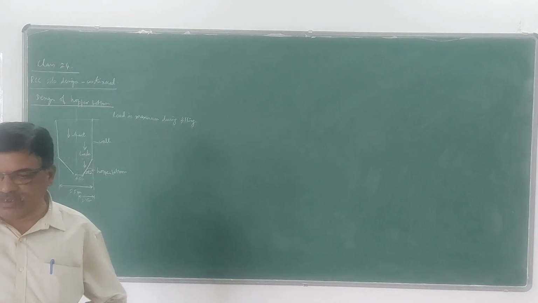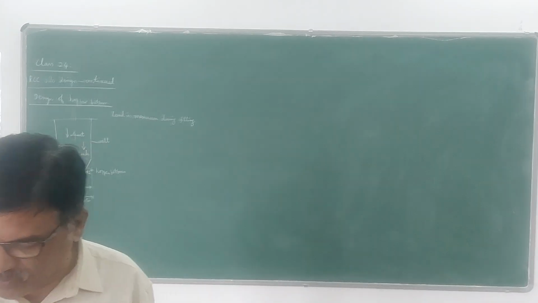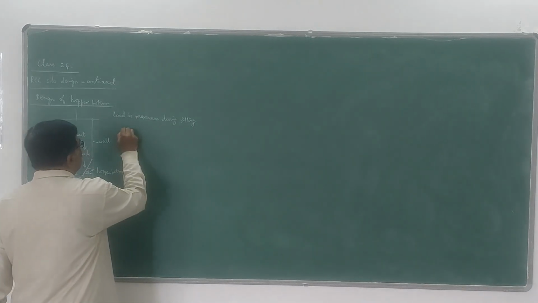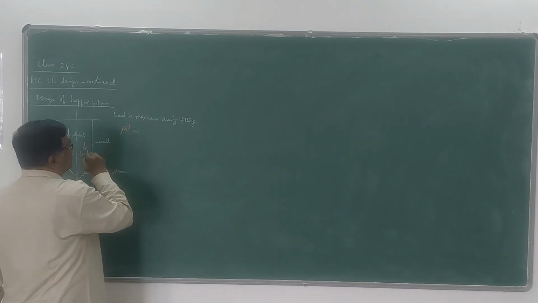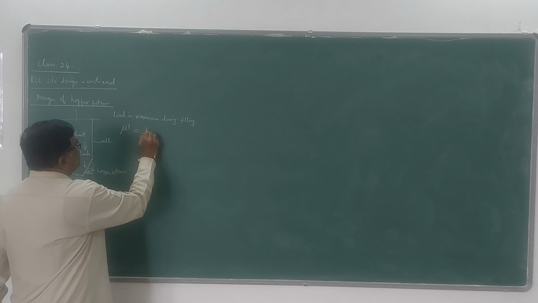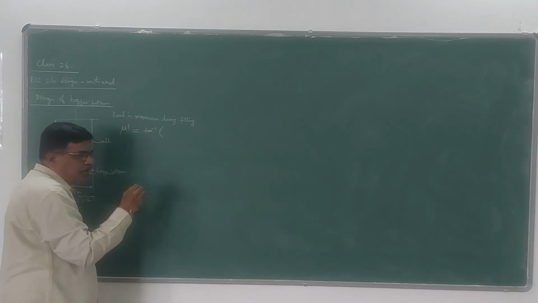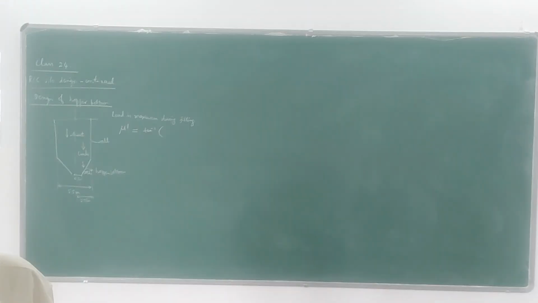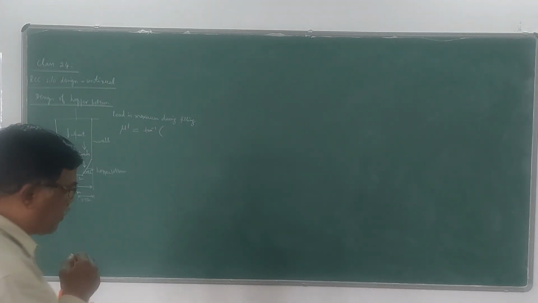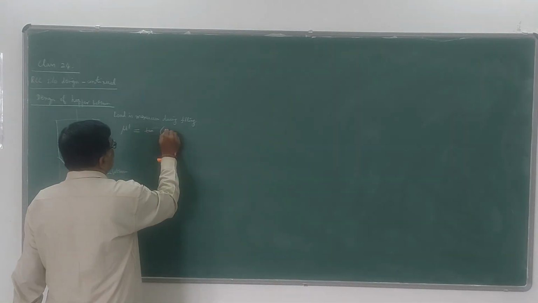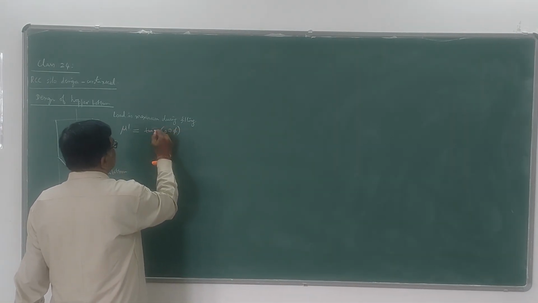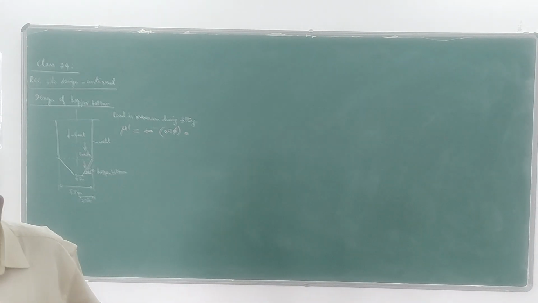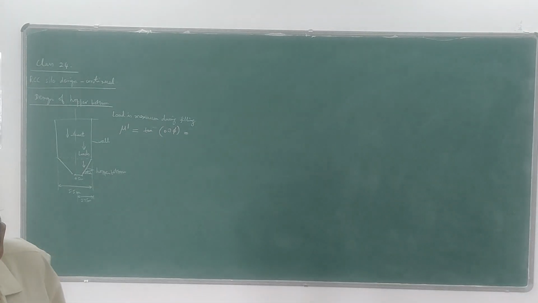In the problem it is given that mu dash, the coefficient of friction between the wheat and the concrete wall, during filling we have to take as tan of 0.7 times phi. Phi is the angle of repose of the wheat, which is given as 28 degree.